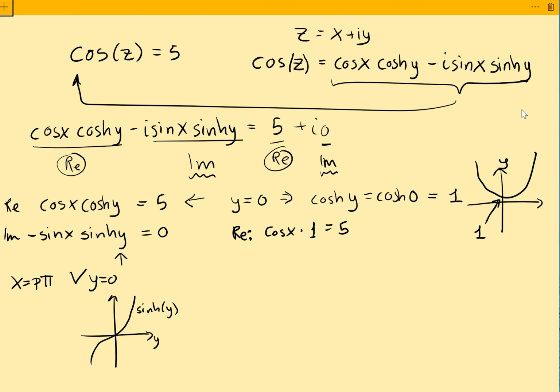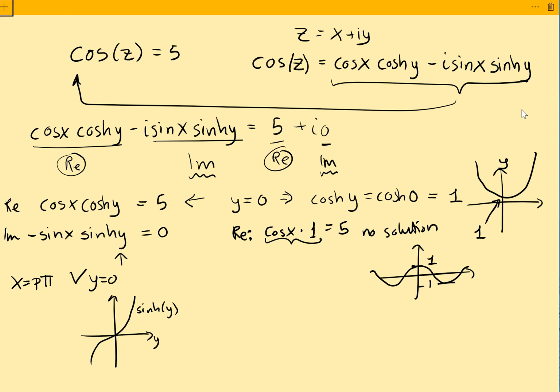Now this equation has no solutions, because, as you probably know, the cosine function looks something like this. It's periodic, and it has a maximum value of 1, minimum value of -1. So there's no way that this left-hand side could ever reach a value of 5.